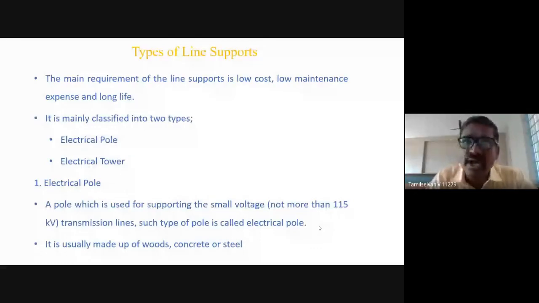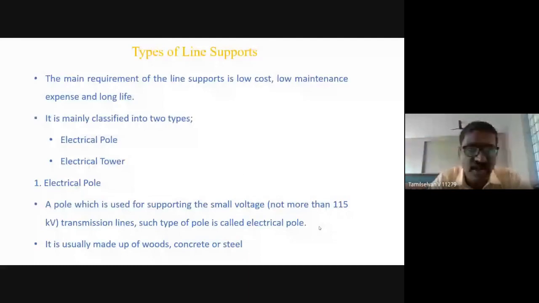So normally this electric pole is used for voltages less than 115 kilovolt. Such a type of support is called an electric pole, and it is usually made up of wood, concrete, or steel.